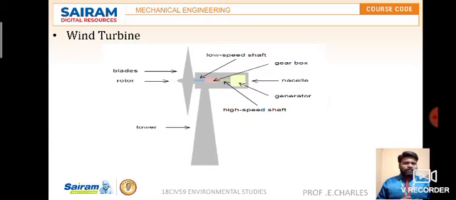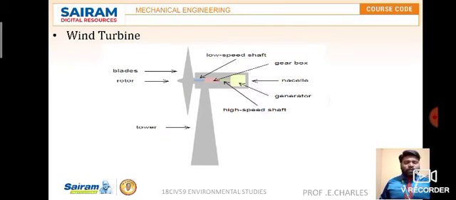With the help of this wind, we are trying to get energy from wind energy. What we are going to do is construct a tower. On top of the tower, generators are placed, and they are connected to blades or rotors.